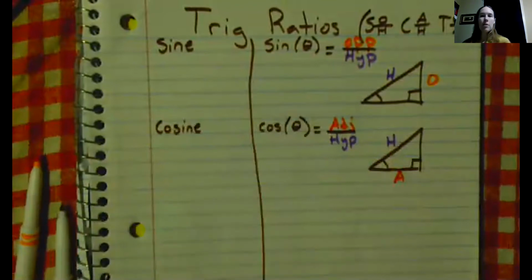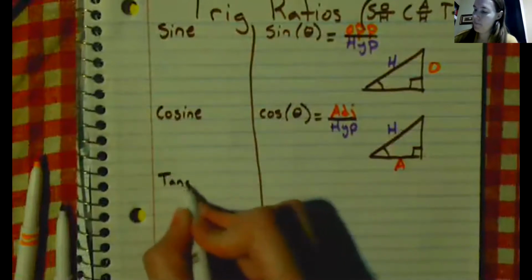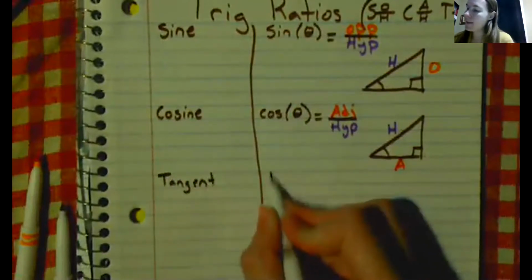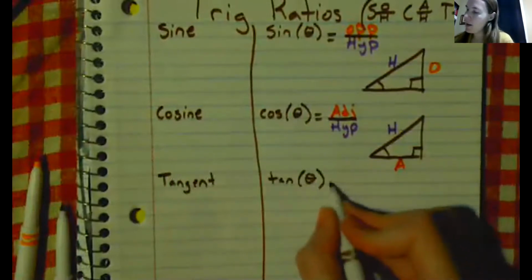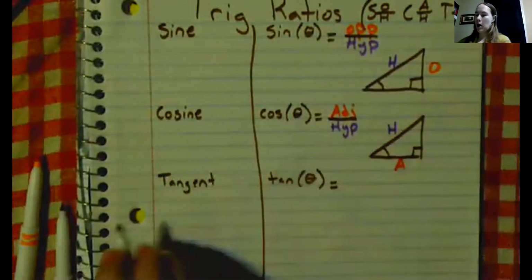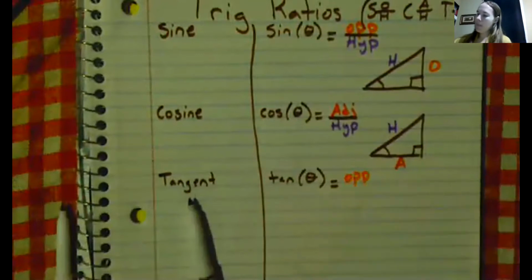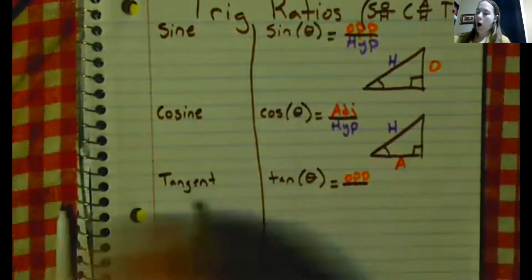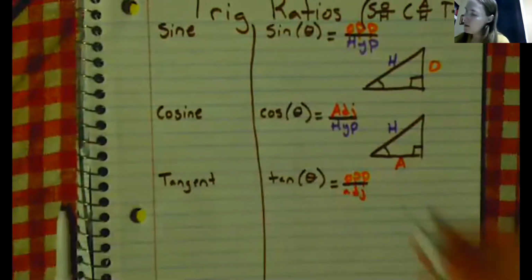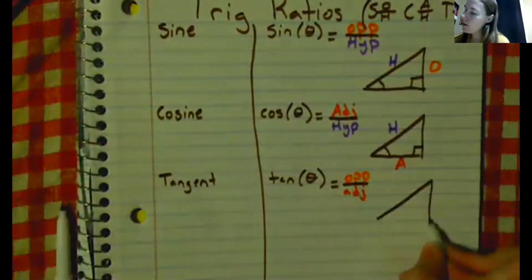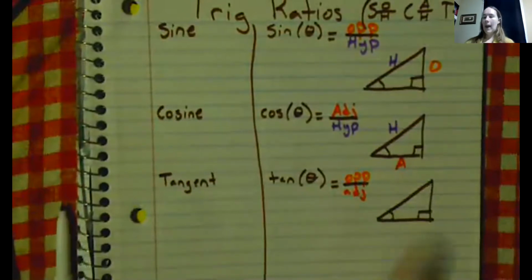The very last trig ratio that we discovered already is our tangent. And that looks like tan of theta, remember our reference angle, equals, this would be the TOA part. So it's our opposite over our adjacent. So our OA. If I had my right triangle, this is my reference angle, this is my right angle.